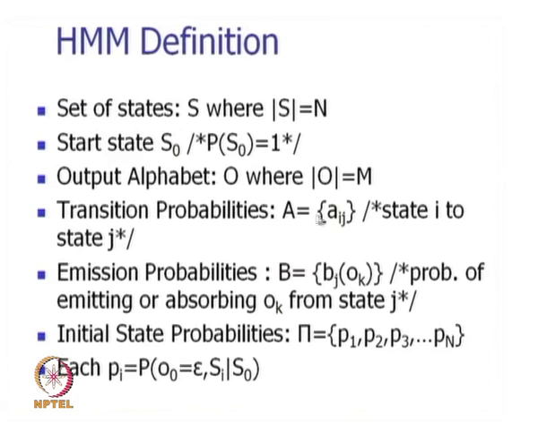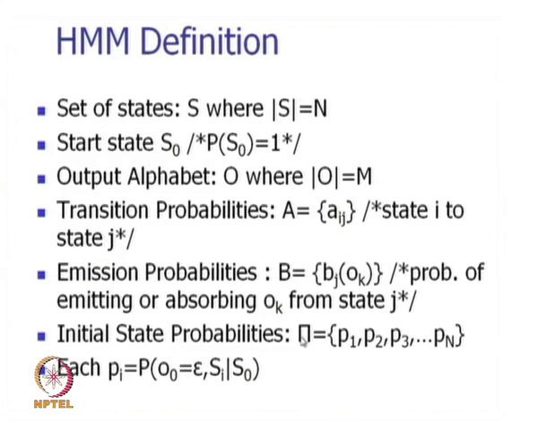The transition probabilities form a matrix A with values a i j, from state i to state j. Transition probability is given through the number a i j. Emission probabilities B is b j O k, the probability of emitting or observing O k from the state j.